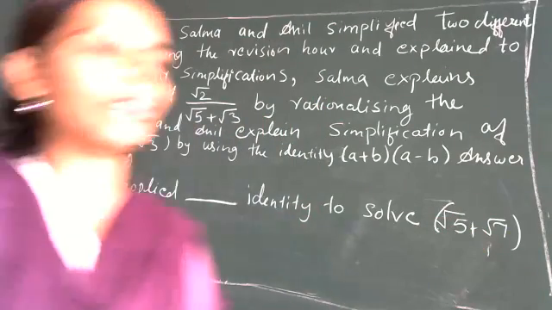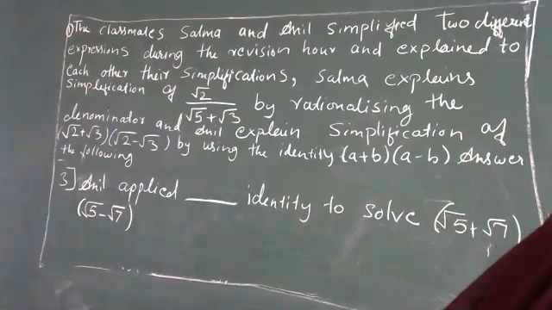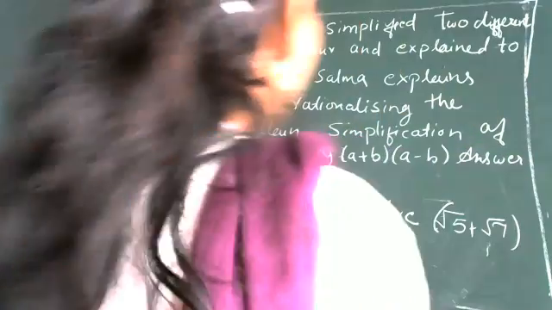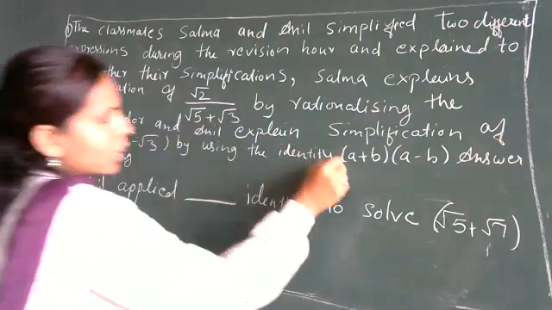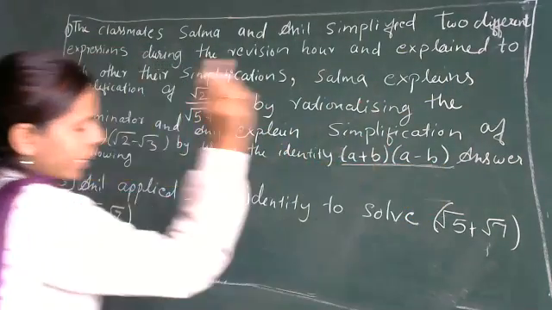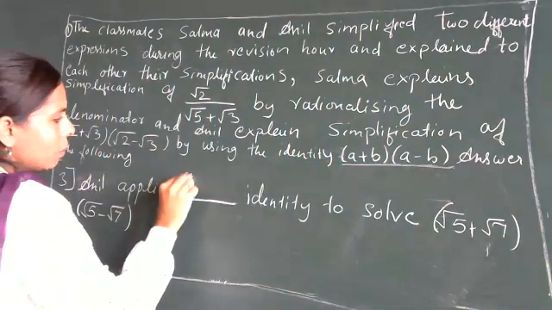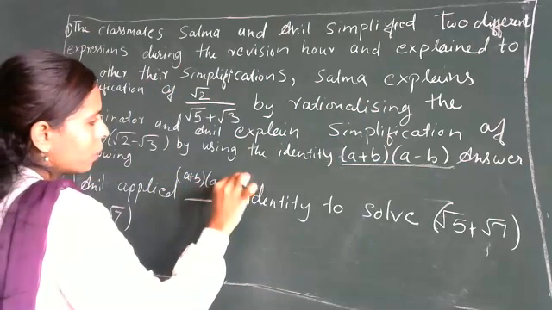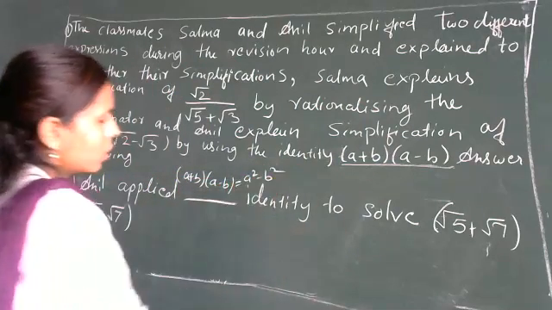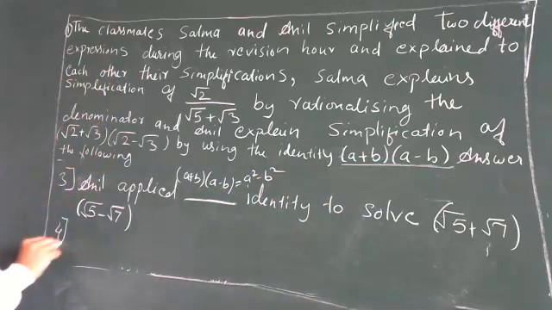Ma'am, (a plus b)(a minus b) is also a square minus b square. Yes. Whatever they have given, it is given here only. This identity he had used. So you have to write that (a plus b)(a minus b), which is nothing but a square minus b square.